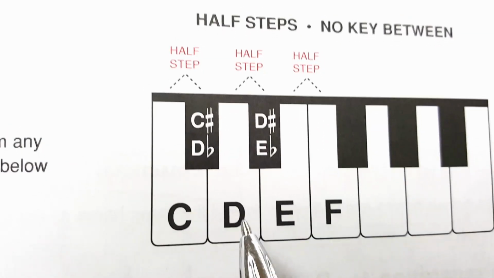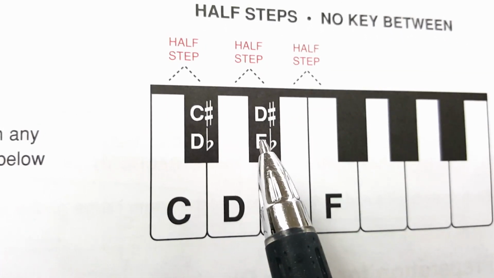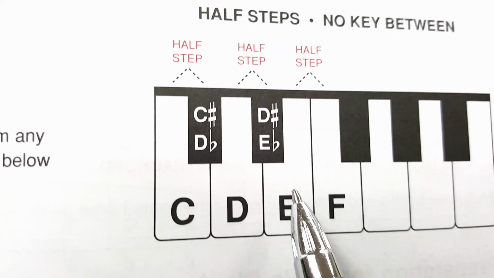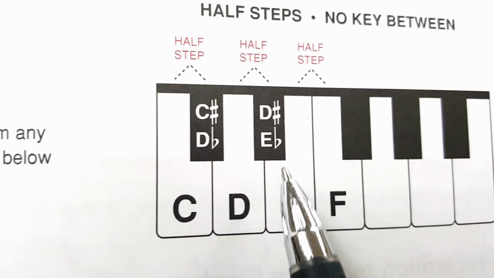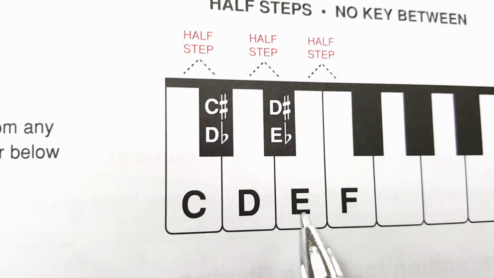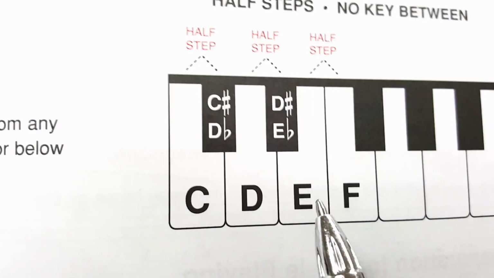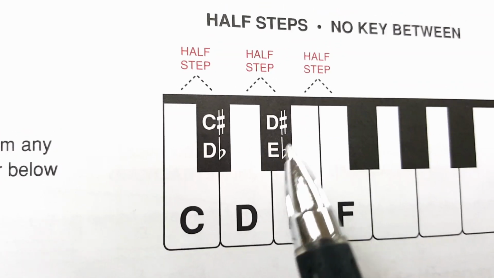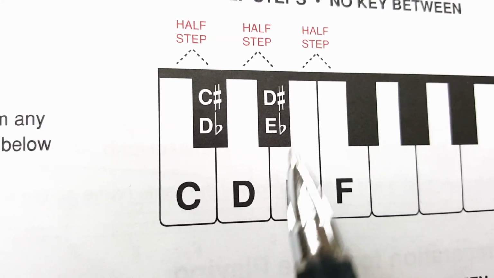If you wanted to have D sharp, you go to the right, and here is D sharp. Here's E. If you wanted E flat, go one key to the left, and here's E flat. If you wanted E sharp, you go one key to the right, and that would actually be the same note as F. They're just called different names, and notes that are called by different names but have the same sounding pitch are called enharmonics, and that's a whole other topic for another time.